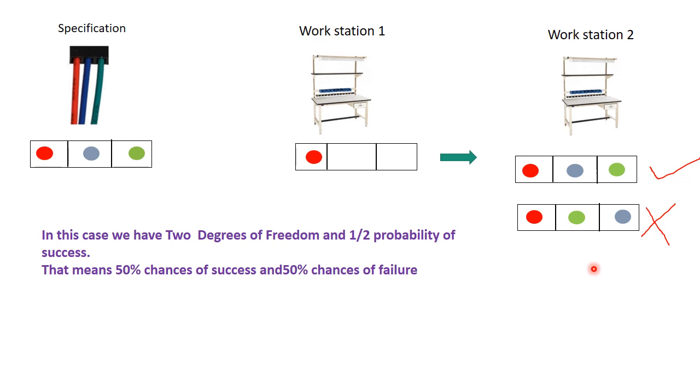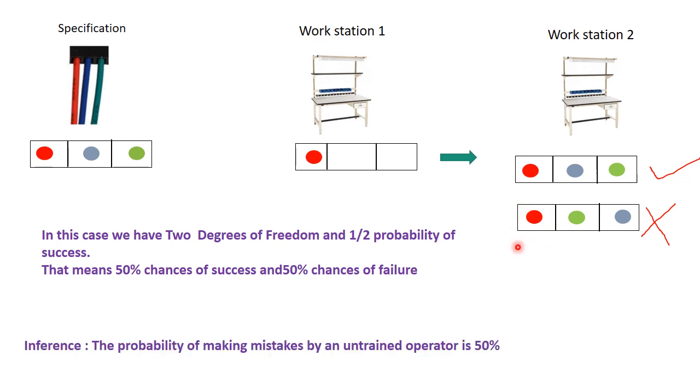So there are 2 degrees of freedom and 1 by 2 probability of success. That means 50% chances of success and 50% chances of failure, given that the red has already been put in the connector. The inference is that the probability of making mistakes by an untrained operator in this case is 50%.